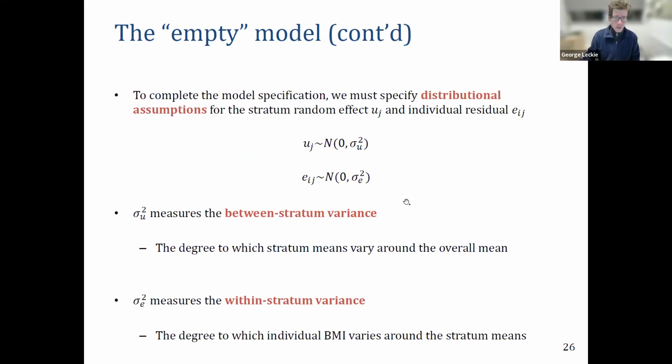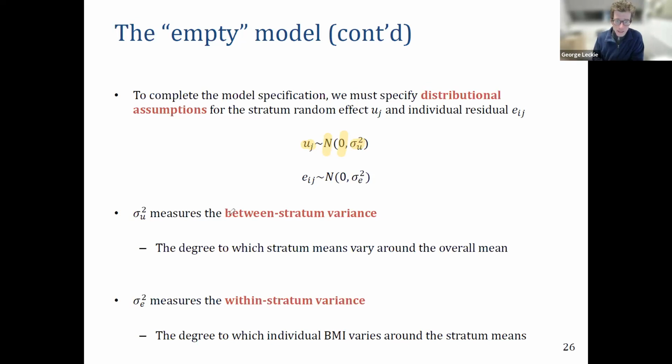And here are those assumptions. In linear regression, you'd often think of the residuals as normally distributed with mean 0 and a constant variance, homoscedasticity. We have the same thing here, but we have two sets of distributional assumptions. We have one set at level 2 for the stratum random effects, assumed normally distributed with mean 0 because they're deviations from the average stratum, and sigma u squared governs the variance of those u_j.